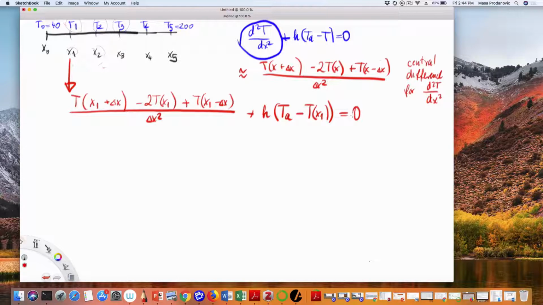Does everybody see this? Because if not, we can't move forward.